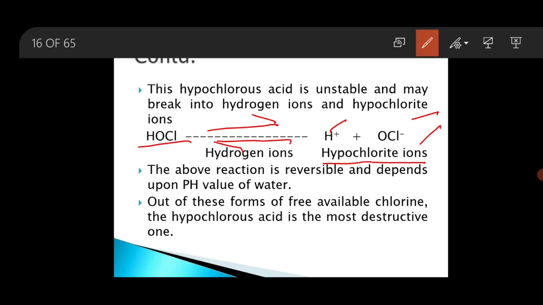While at a pH value of less than 7 and more than 5, HOCl will generally exist without dissociating into OCl minus ions. That means HOCl will remain in this condition and will not dissociate into OCl minus ion. And in the pH range of below 5, the chlorine does not react and remains as elemental chlorine.